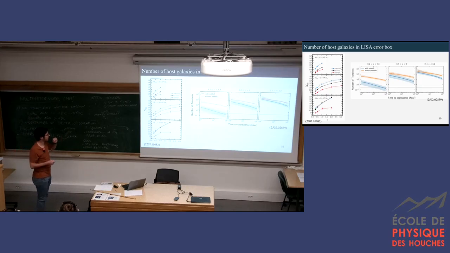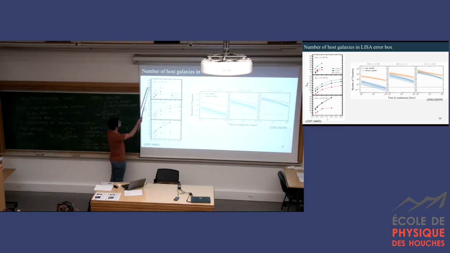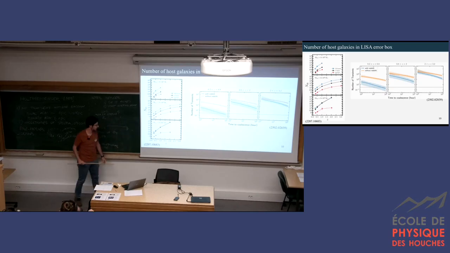And you can see it here. This is the number of potential host galaxies in LISA sky localization as a function of redshift, for systems of 3 times 10 to the 5, 3 times 10 to the 6, and 3 times 10 to the 7 solar masses.